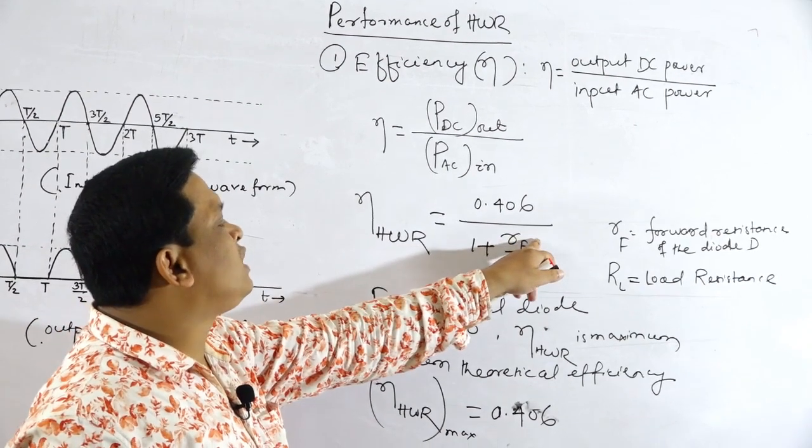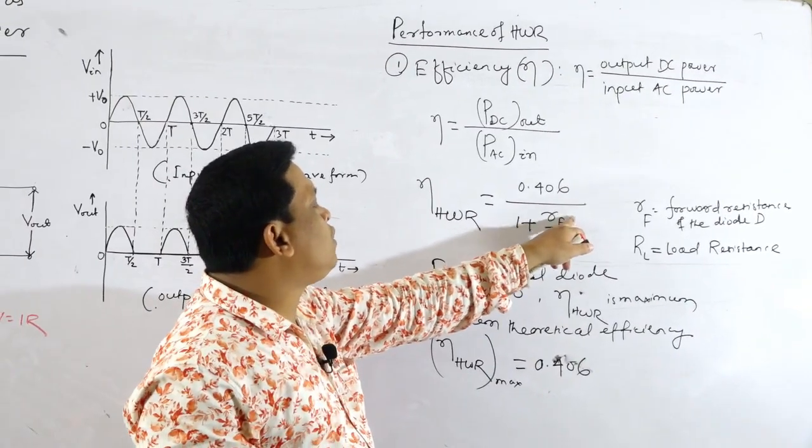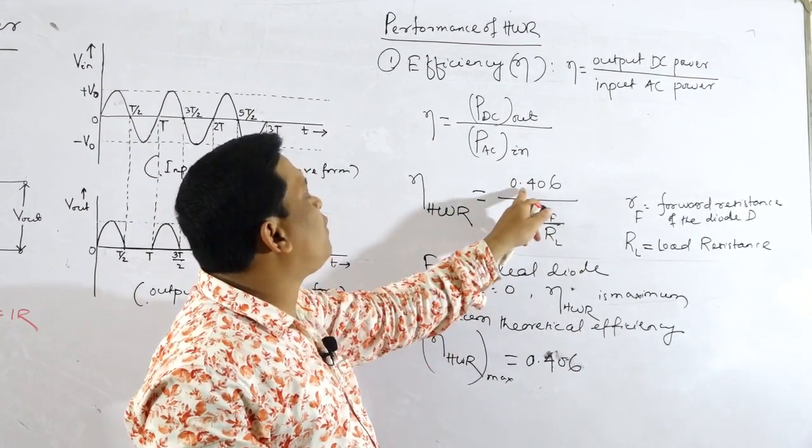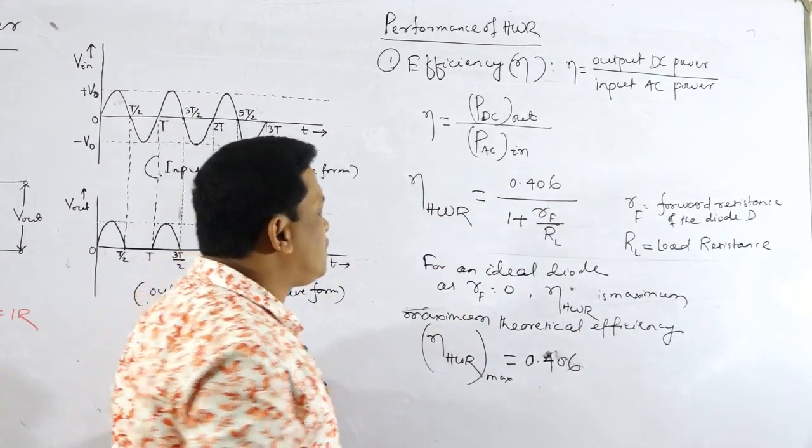Put RF equal to 0. Then 0 divided by RL equals 0, so the denominator is 1 plus 0, equal to 1. Therefore, we get 0.406.